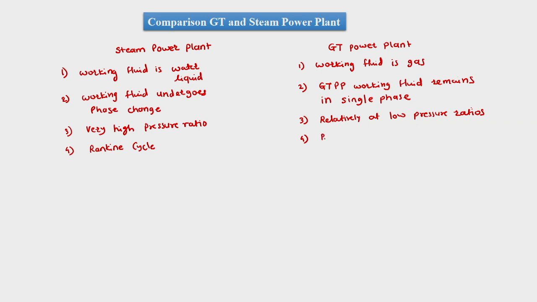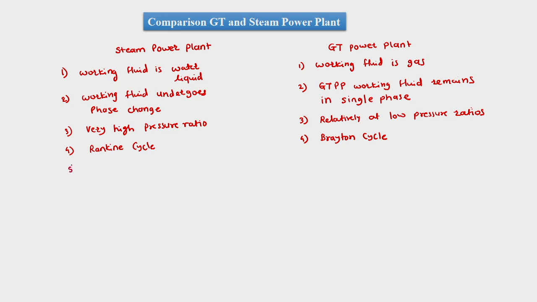And the gas turbine power plant is based upon the Brayton cycle, which also has 2 isentropic processes for work interaction and 2 isobaric processes for heat interaction, but the major difference remains the fact that in the steam power plant, the working fluid undergoes phase change.